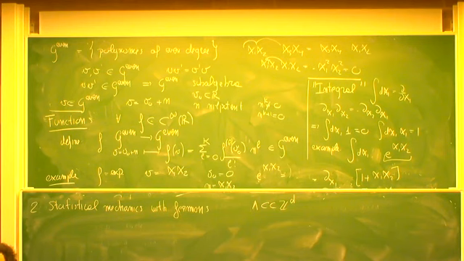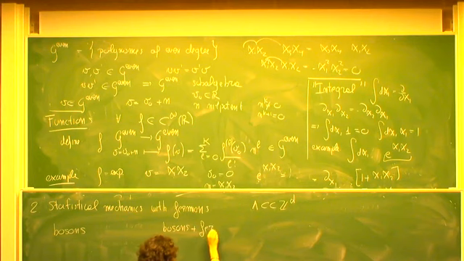Just to make clear the mapping, I first write what we do for bosons and then what we do for bosons plus fermions. So what would I do if I want to construct some statistical mechanics theory for bosons?